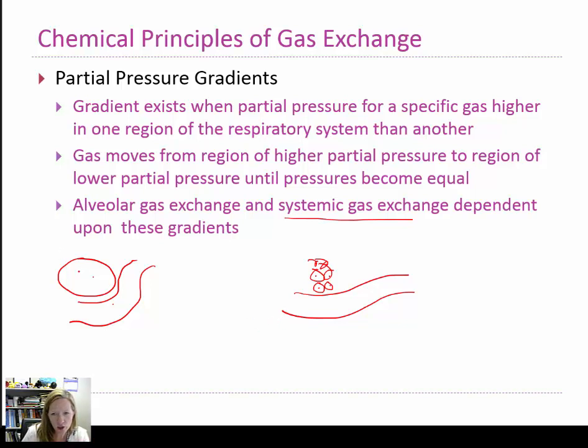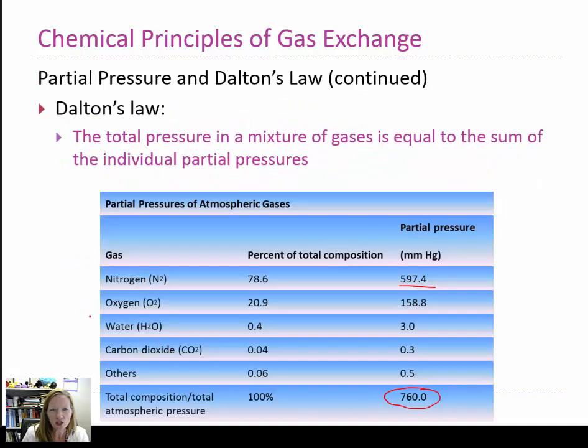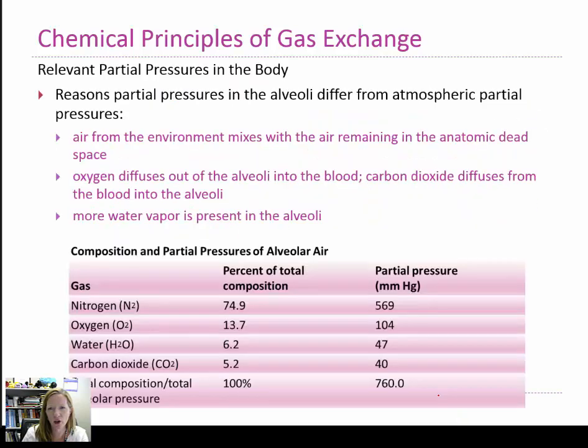So first we're going to take a look at the partial pressure in the alveoli. We looked at this, and actually it changes just a little bit as we go into the alveoli. It's kind of interesting, right? Maybe not, but it is interesting for me.